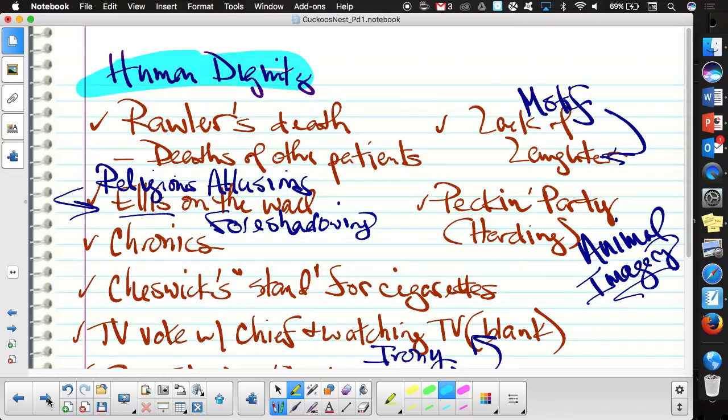So you would identify rhetorical devices that best illustrate when they lack that dignity, such as the animal imagery with the pecking party, that they are rabbits, meek, timid characters compared to a wolf, which is much more aggressive. Therefore, Nurse Ratched is able to manipulate the patients into doing whatever she wants, and this is a way that she strips them of their human dignity. That would be the type of analysis you would be doing.